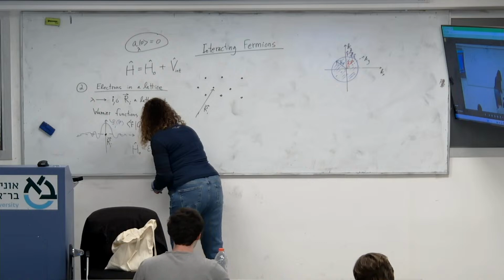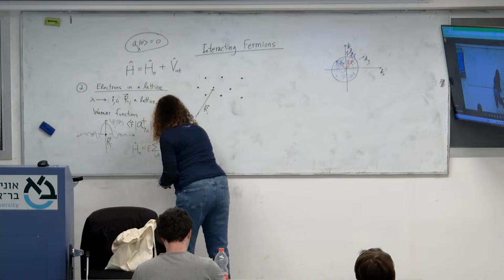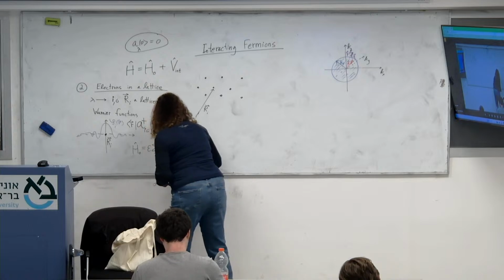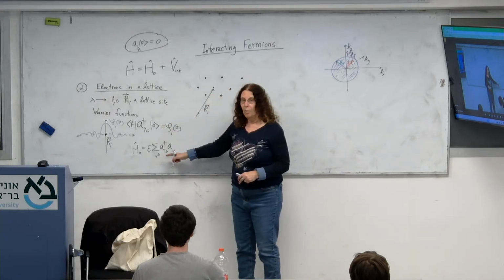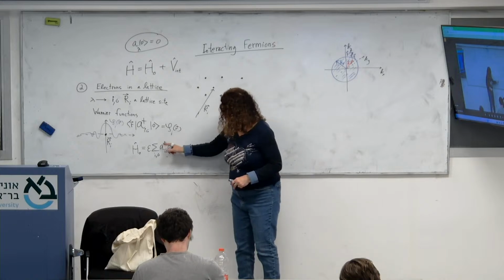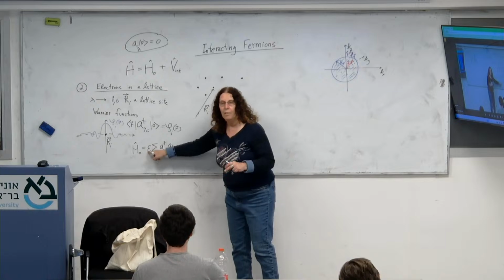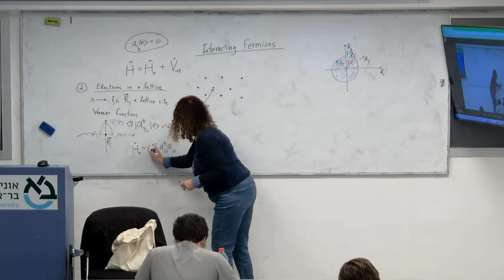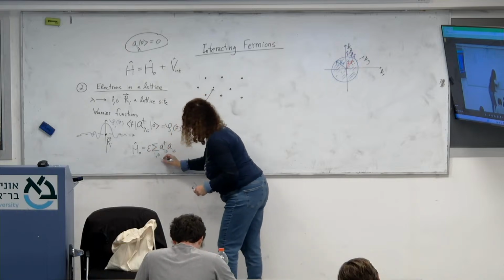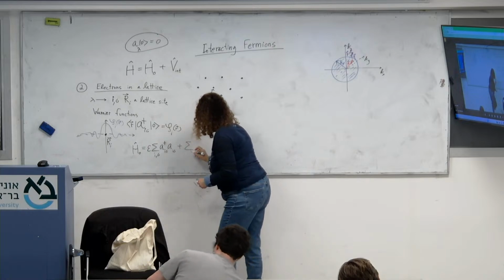So we have one local term that is in fact completely trivial. Why is it completely trivial? Because of the periodicity of the lattice, this site energy is just a constant. Let me finish writing the whole thing and then we'll discuss.